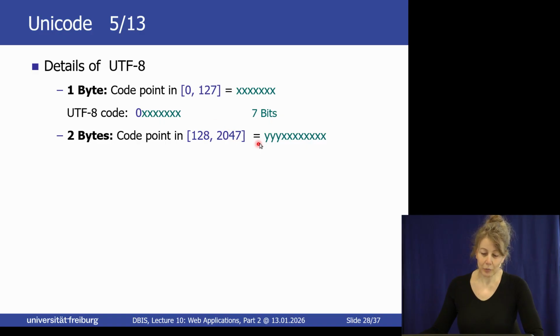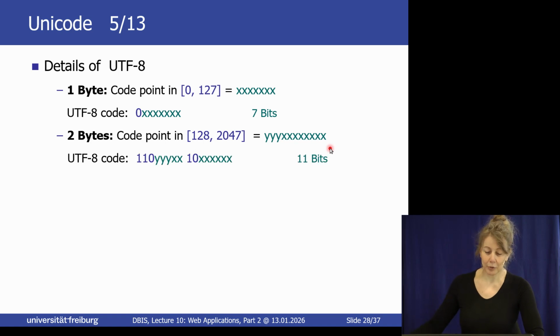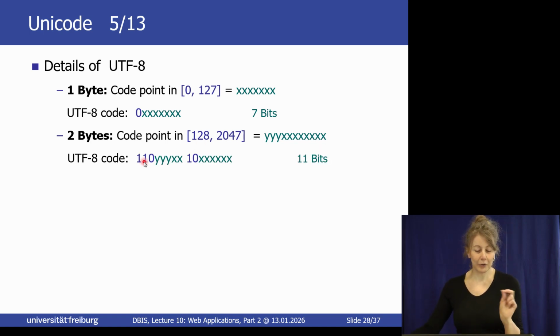So all these code points I can write in 11 bits. And how do I put this in 2 bytes? As follows. My first byte has 1, 1, 0, then the first of these bits, then the next byte has 1, 0, and then the other 6 of these bits. 5 bits and 6 bits. We will see in a second what's the purpose of those.